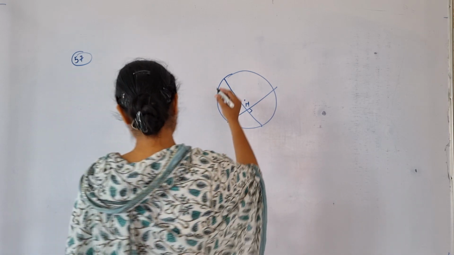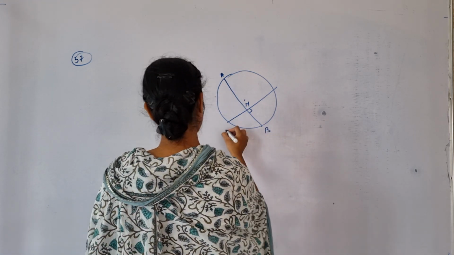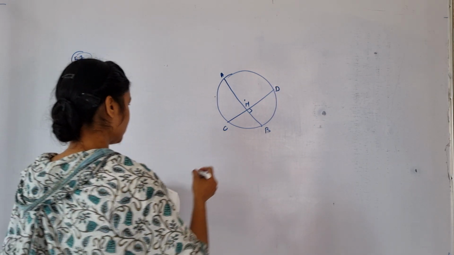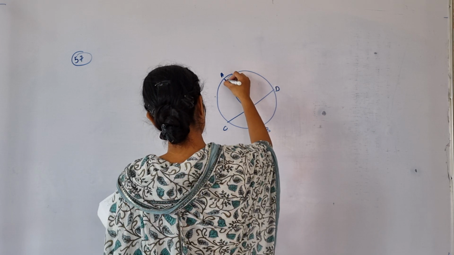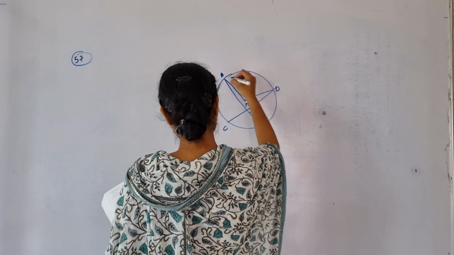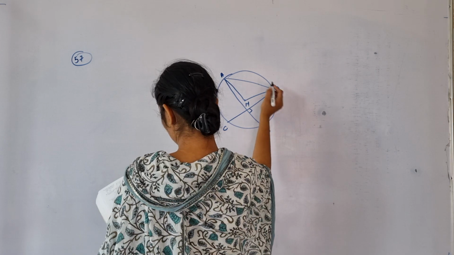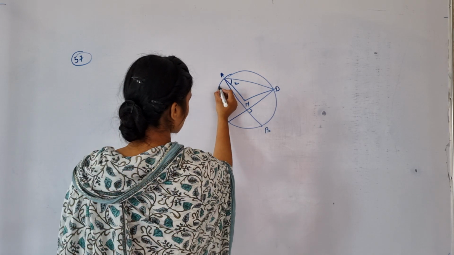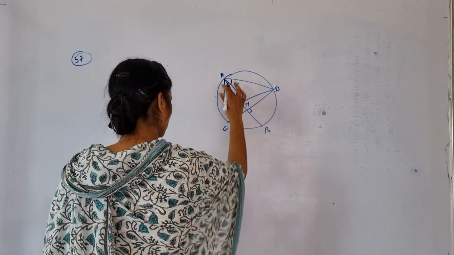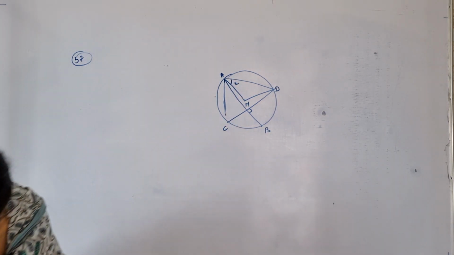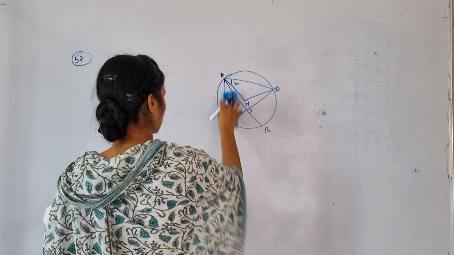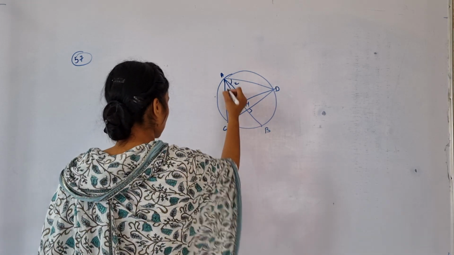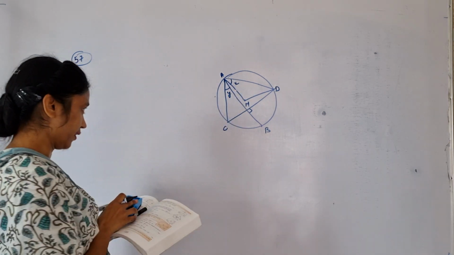Okay, here is A, B, C, D. Okay, so what else they have given in the figure? This angle they have given by x degree, and this much they have joined this also. This much angle they have given by y.